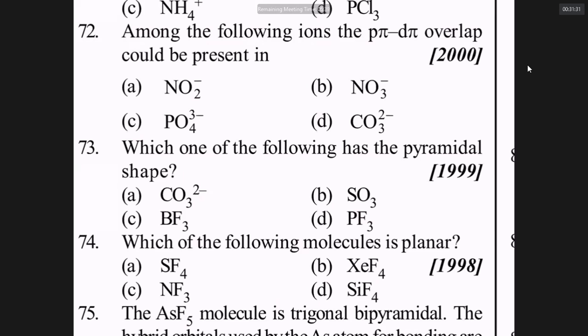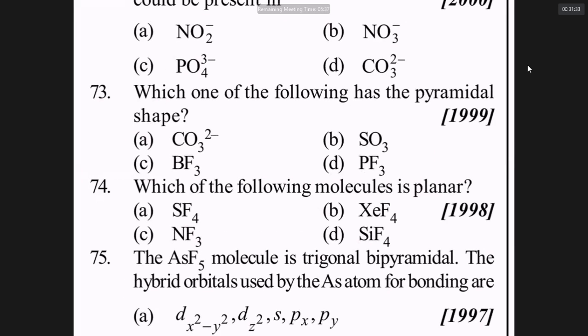Look at question number 73. Option D, sir. Perfect. Question number 74, which is planar? Option B, sir. Yes, that is square planar. SF4 is seesaw.